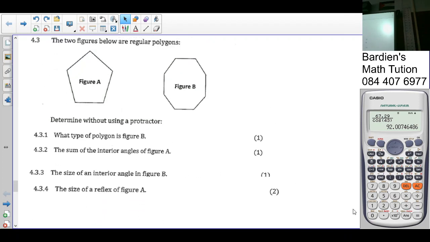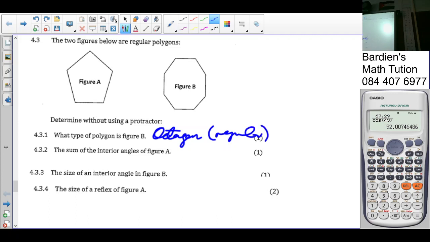What type of polygon is figure B? Octagon. What makes it an octagon? It has 8 sides. Is it regular or irregular? A regular octagon. The sum of the interior.